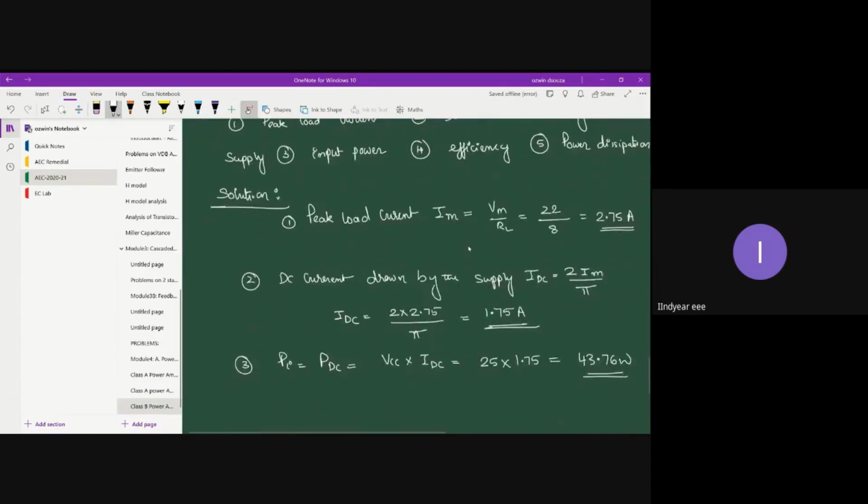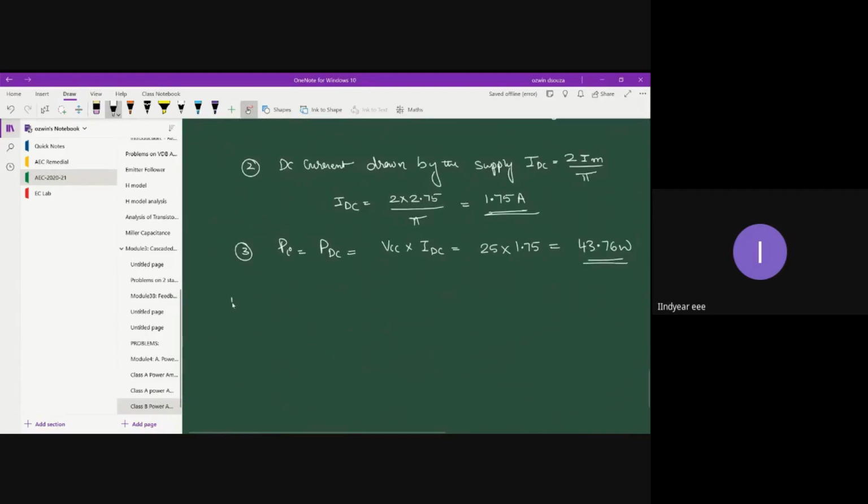Okay, fourth part, efficiency. So percentage efficiency is P0 AC divided by PDC. Okay, so to find efficiency, you need to find out P0 AC. What is P0 AC? P0 AC is VM square divided by 2RL. So that's 22 square divided by 2 into RL. RL is 8.